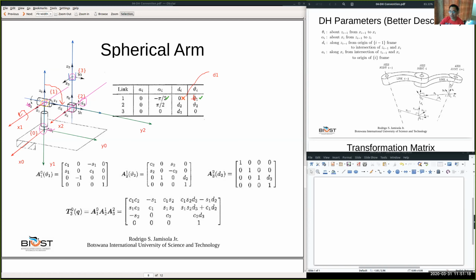Origin of frame 1 is also the same, and so now they're coincident. It doesn't matter which axis you are computing it from, but the points of origin are coincident, and so the distance is 0. That's correct. So the only difference that we have is the D1.